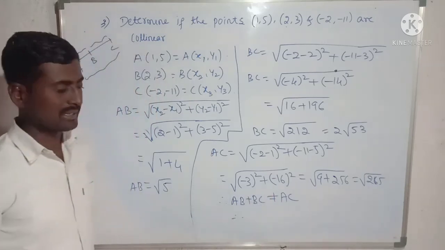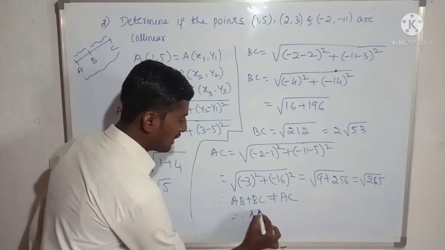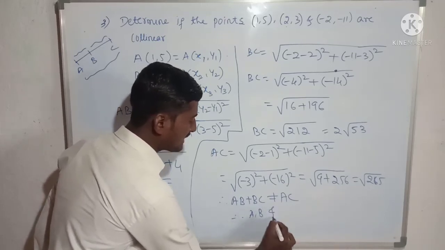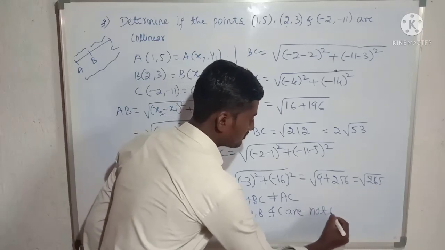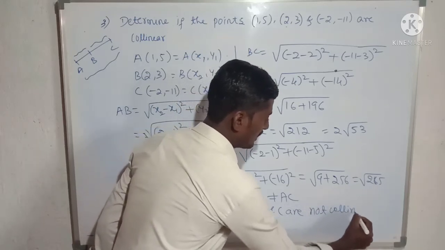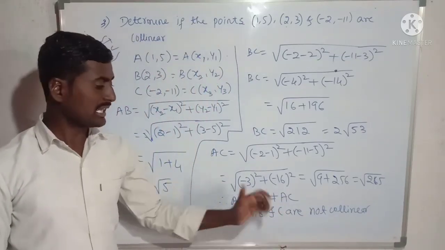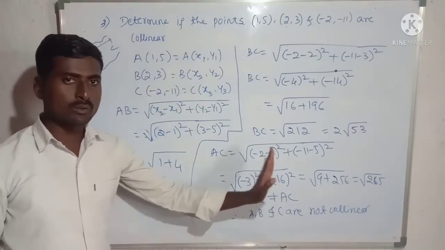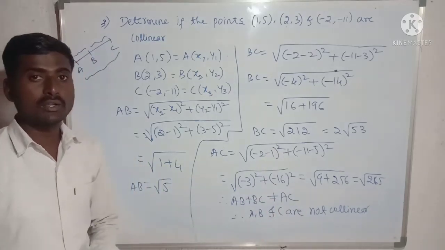Therefore, what can I say? A, B and C are not collinear. If AB plus BC equals AC, then we can say that ABC are collinear. Here it is not equal to AC, therefore ABC are not collinear.